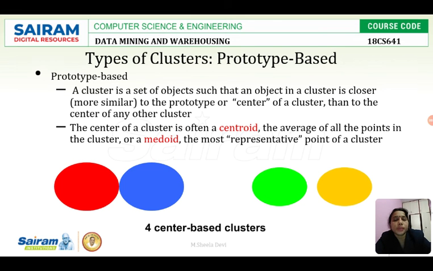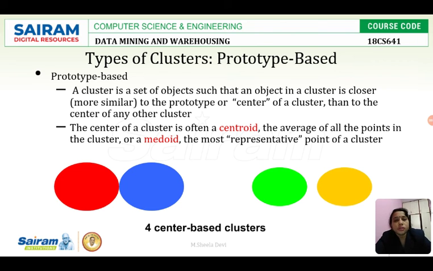Next comes prototype based cluster. Here a cluster is a set of objects such that an object in the cluster is closer to the prototype or the center of the cluster. So we have to find the centroid for every cluster. In the prototype based cluster, every object should be closer to the center or centroid. What is the meaning of closer? The similarity.